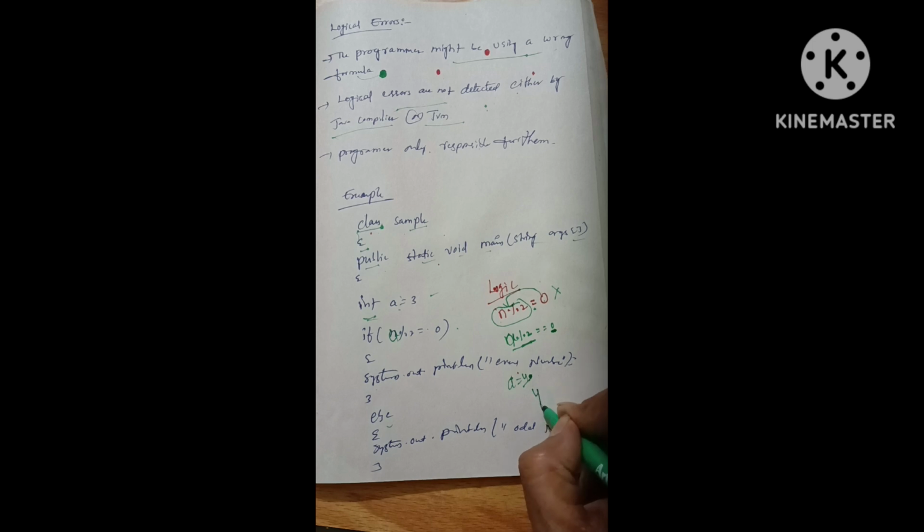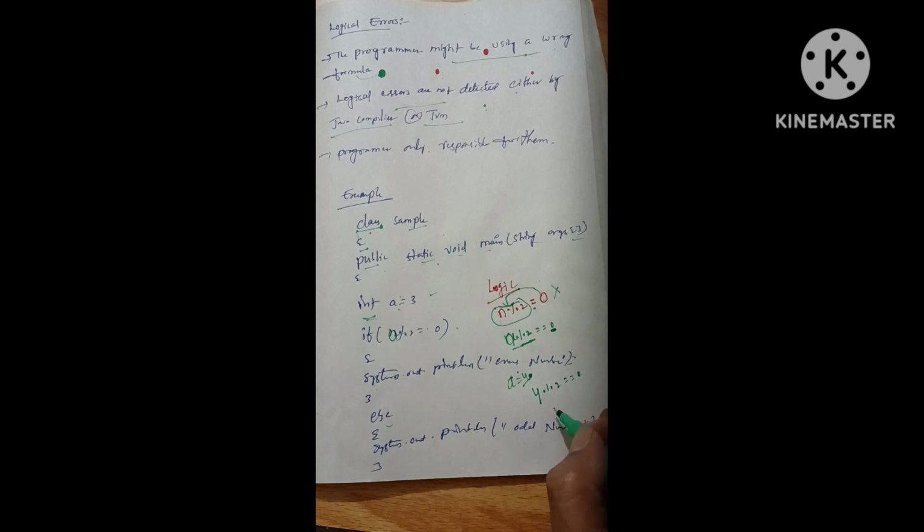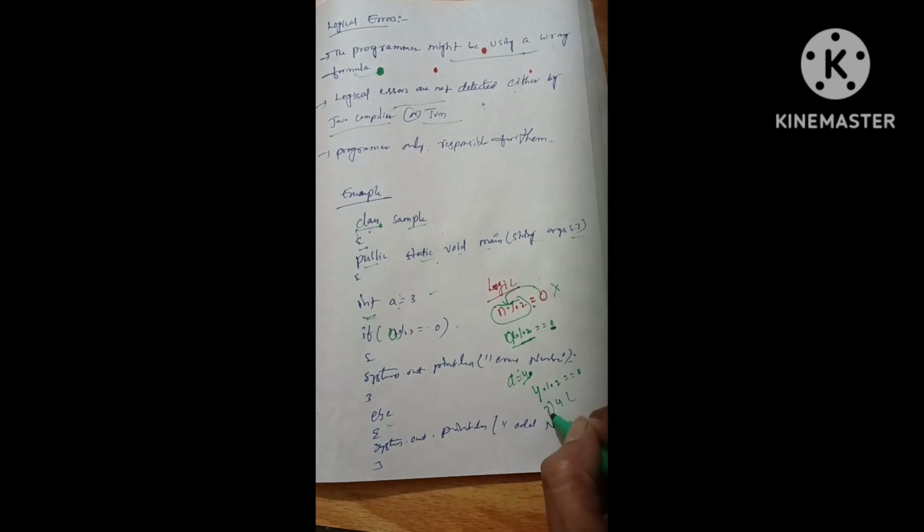Here n % 2 == 0 means only take the remainder part. The remainder should be 0. Here also a equal to 4, the remainder should be 0. What is the output of this program? This is an even number.